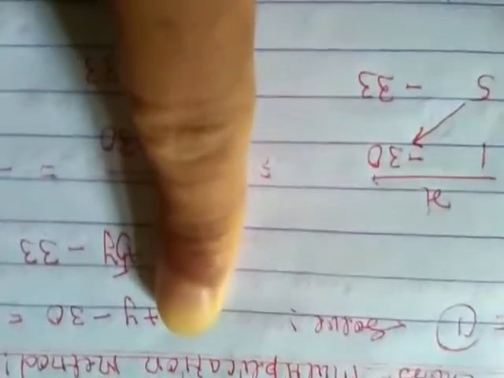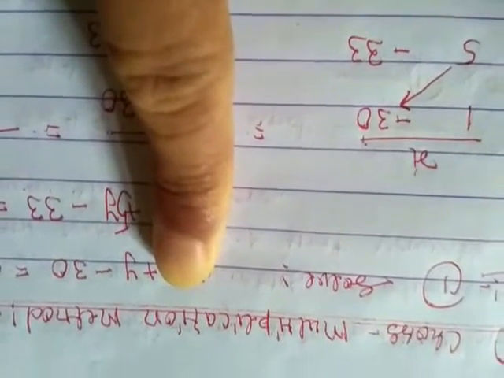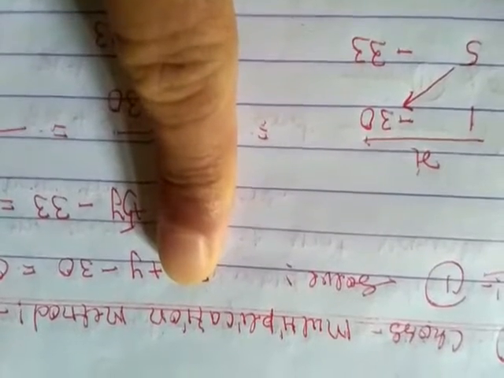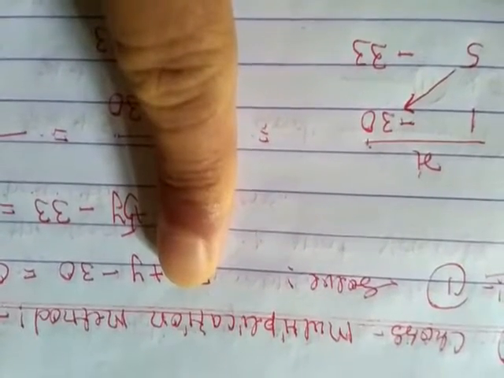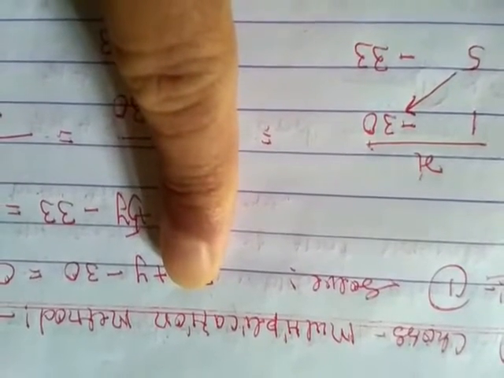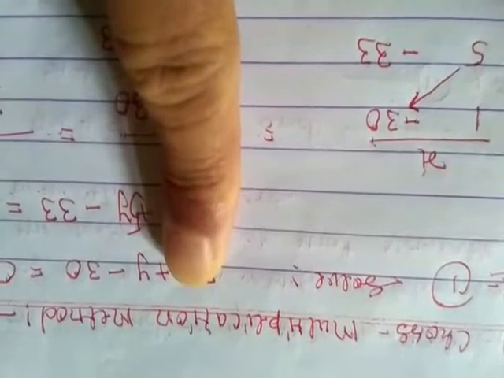So here we will write plus 1, minus 30, and from the second equation we have the coefficient of y as plus 5 and minus 33. Write in this format: equation 1 on the top and equation 2 beneath the first equation.